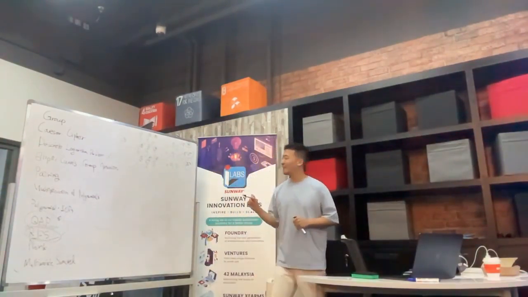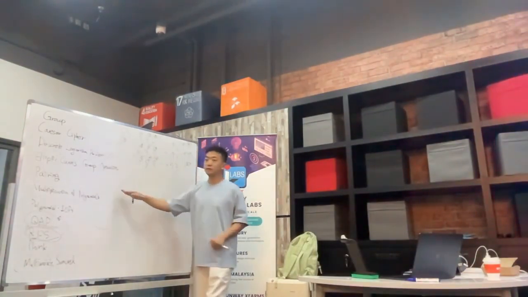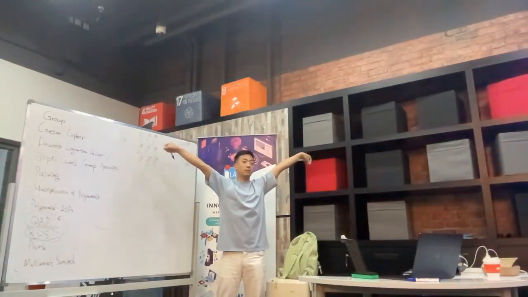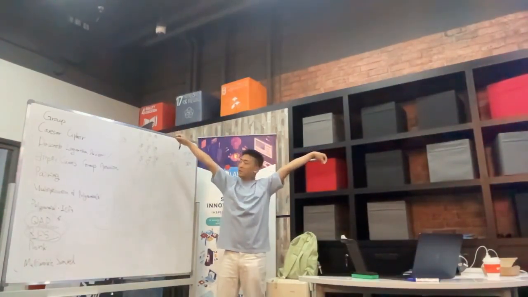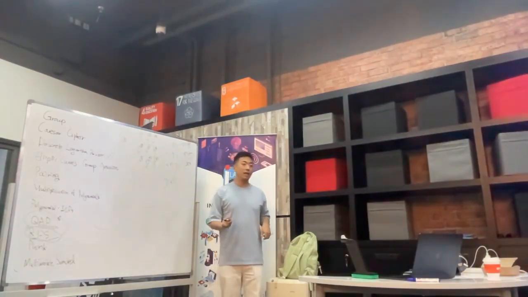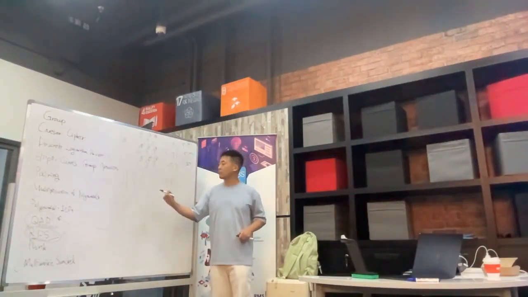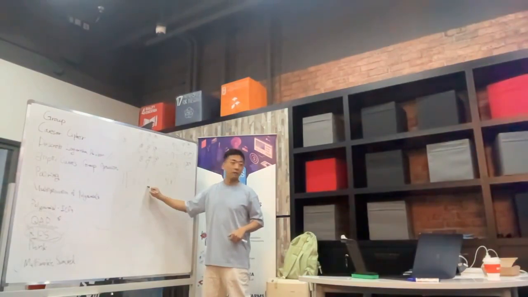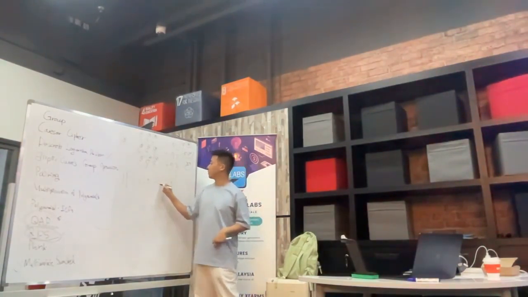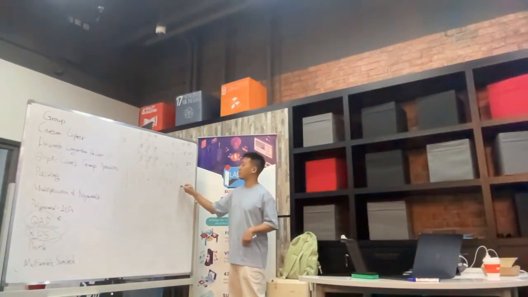If f of x, the evaluation of this polynomial over the multiplicative subgroup, which means the roots of unity, is a permutation of g of x, then the grand product over the multiplicative subgroup of f of x plus some random number should equal the grand product of g of x plus some random number.